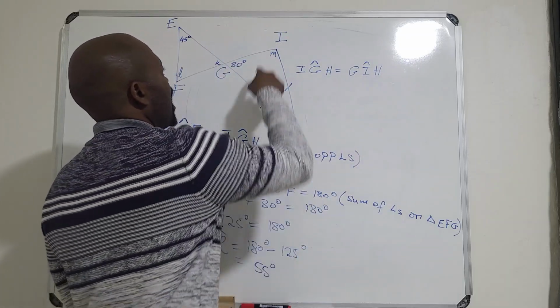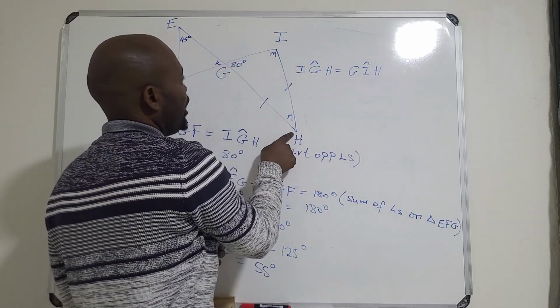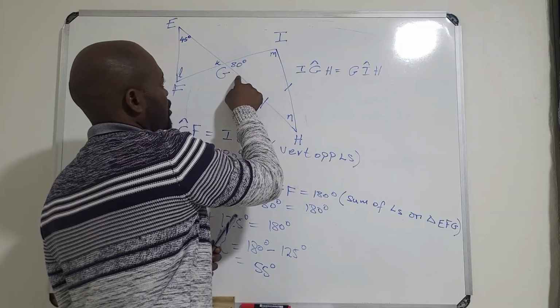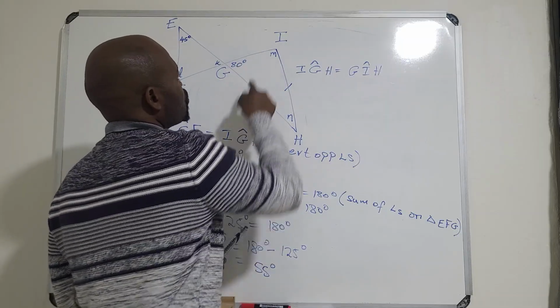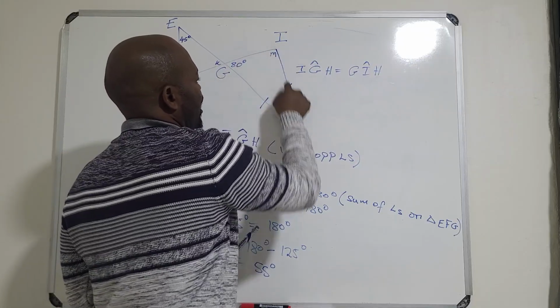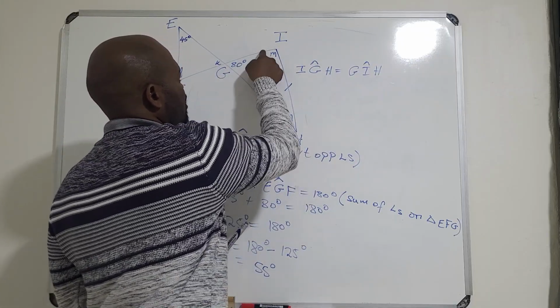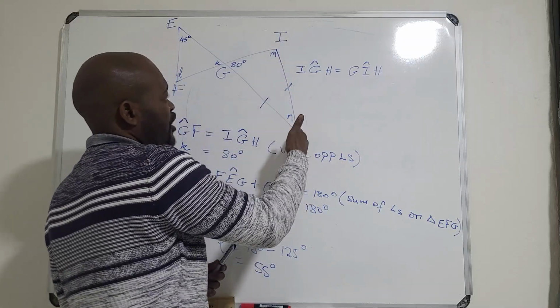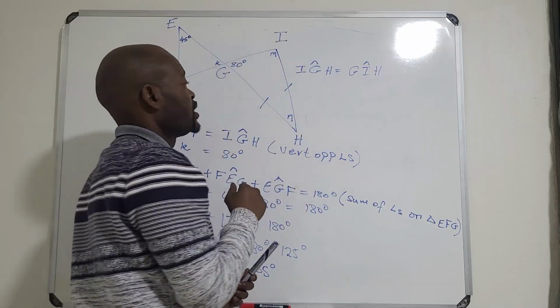This means that angle IGH, which is this angle, is equal to this angle there, angle GIH, since this line is equal to that line.